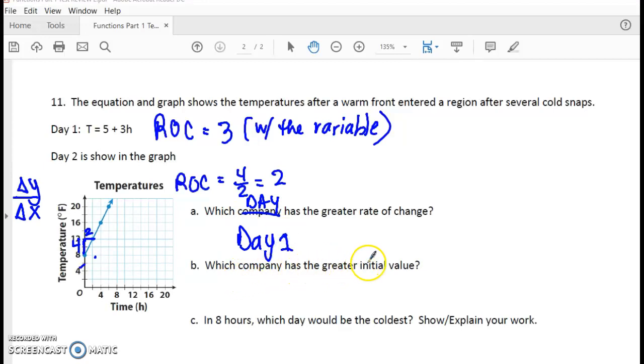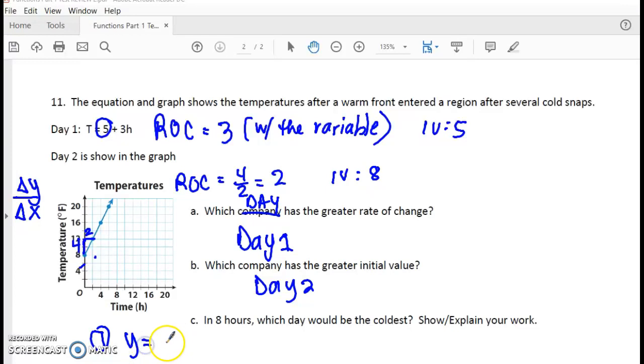Which day has a greater initial value? Well, the initial value here is 5. Initial value here is 8. So day 2. And in 8 hours, which day would be the coldest day? Well, we need equations for that. So the day 1 equation will be y is equal to 3x plus 5.